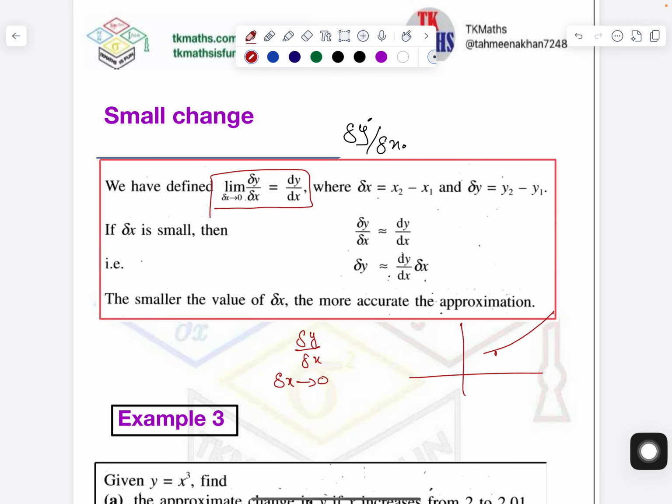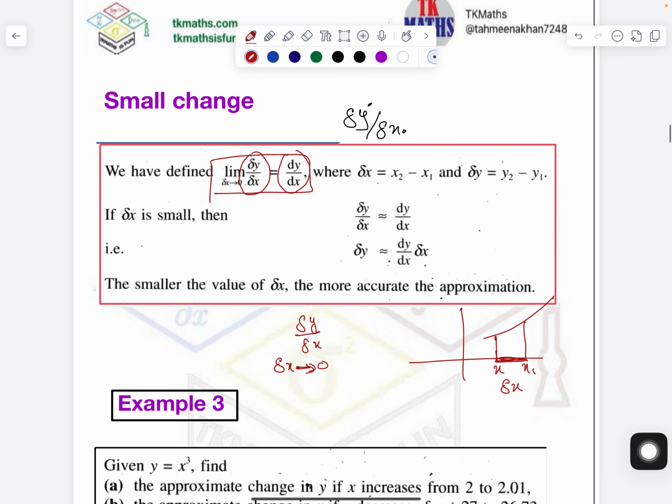If this is my x value and after a change it becomes x1, this change will be called delta x. So if this change is so small that it is close to zero, then we can say delta y over delta x is equal to dy over dx, right?